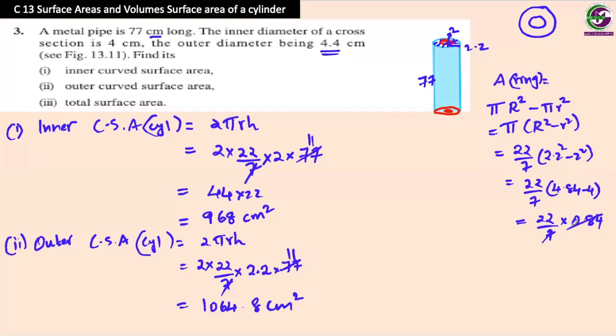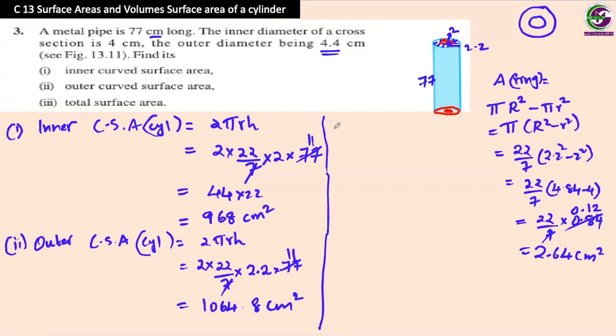We can simplify this. 0.12. So area of one ring is 2.64. Such two rings are there.